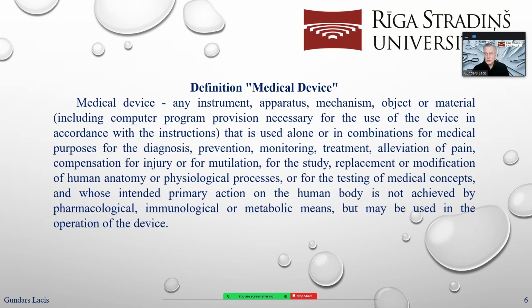Medical device, actually, it's any instrument, device, mechanism, object or material which is necessary for the use of the device alone or in combinations for medical purposes, for the diagnosis, prevention, monitoring, treatment, alleviation of pain, compensation for injury, for the study, replacement or modification of human anatomy or physiological processes, or for the testing of medical concepts.